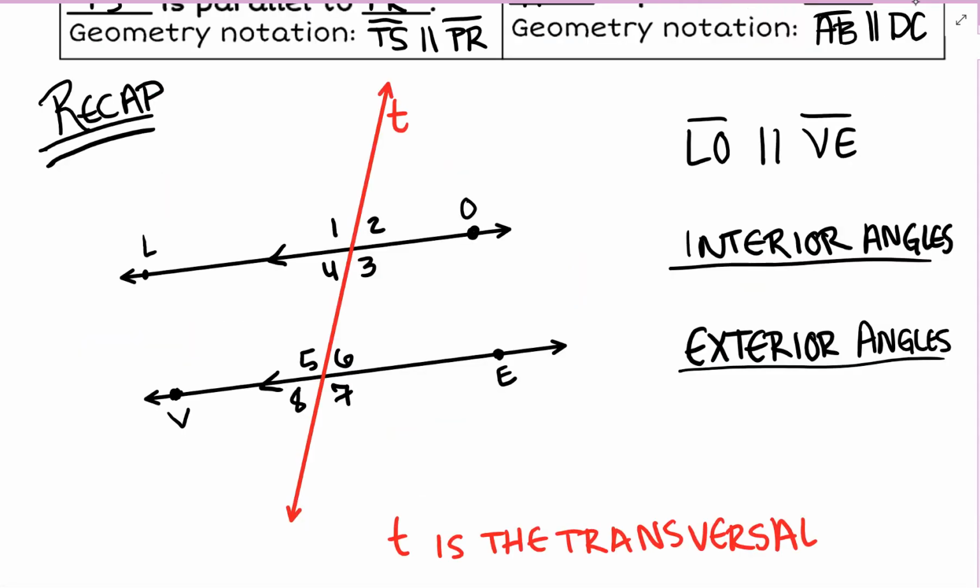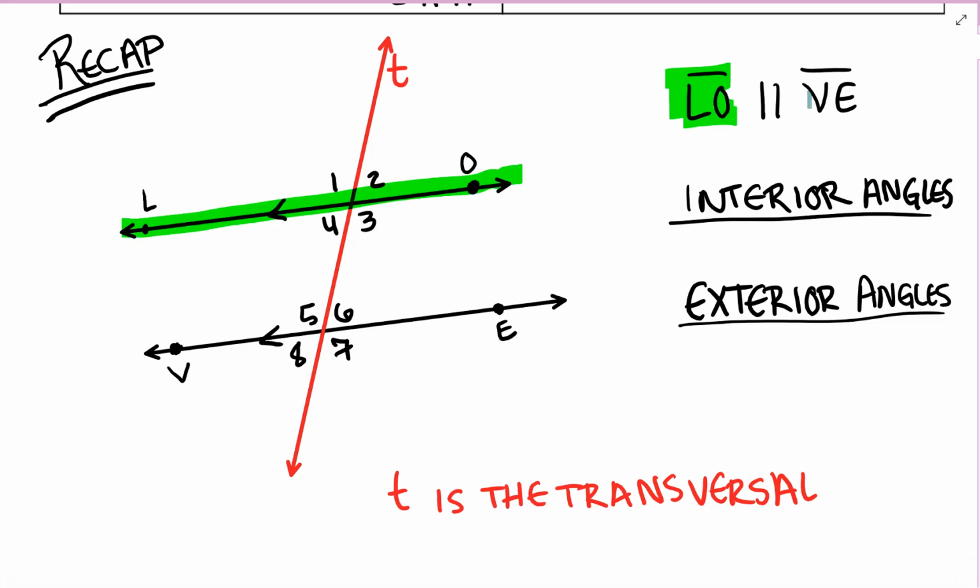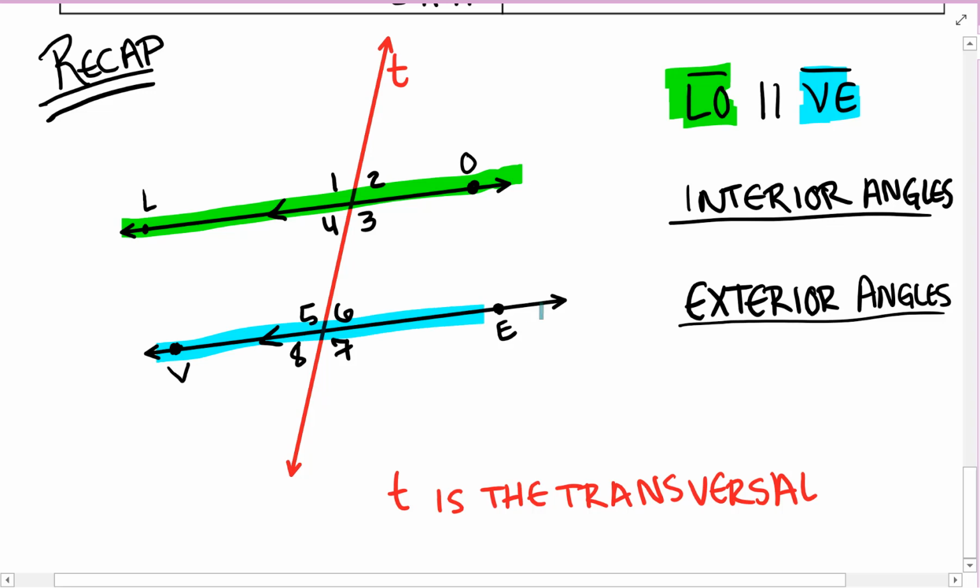So, to recap, I know that LO is parallel to VE because of these little arrows.